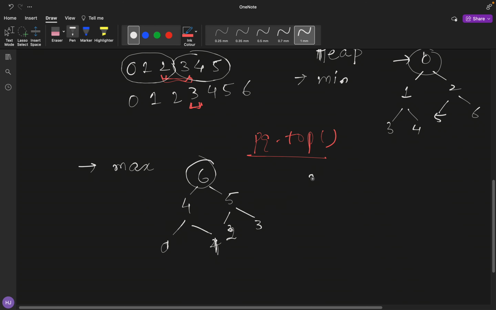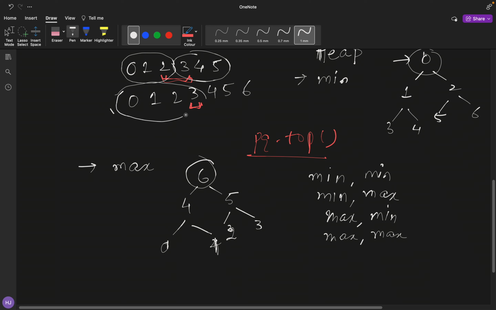So either I can use a min heap, min max, or max min, or max max. Even in this case I can divide my stream into two parts.